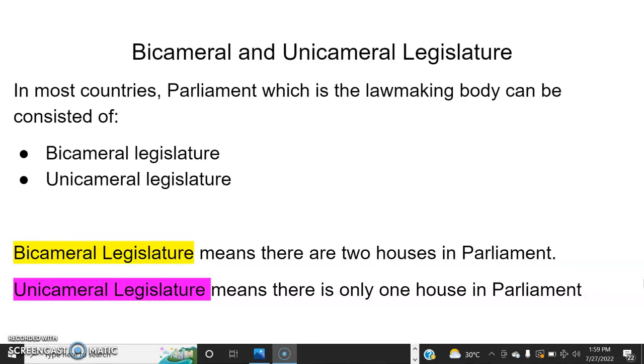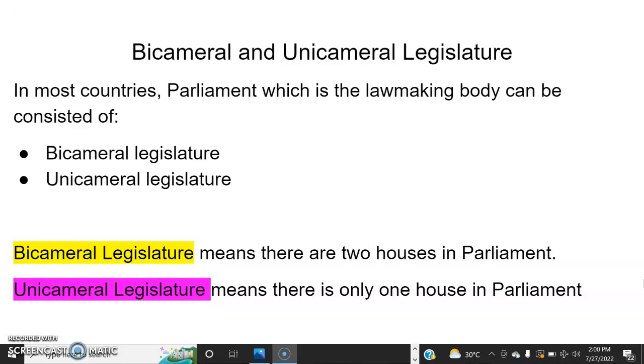All right, let me repeat that again. In many countries, the legislature can be a bicameral legislature, or there can be a unicameral legislature.